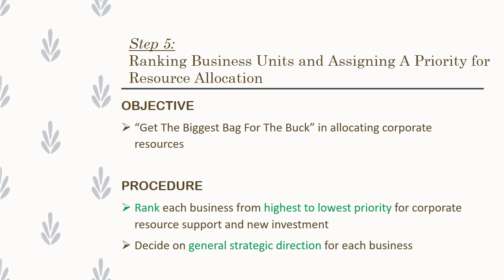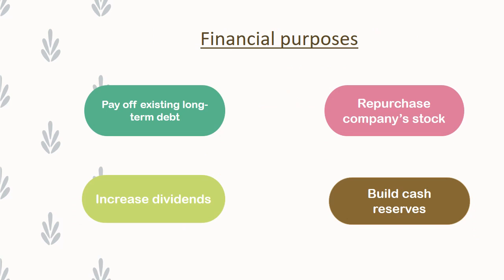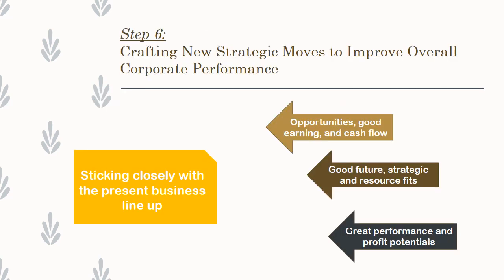Business units with a bright performance prospect are good candidates for corporate resource support. The second option is financial purposes: pay off existing long-term debt, repurchase company stock, increase dividends, and build cash reserves.